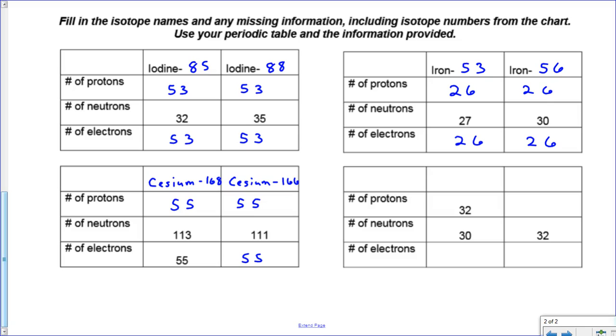This one here tells us we've got 32 protons, so that means both of them are going to be 32, and the electron's also 32. To find the mass, well, actually first, to find the element, we have to look up atomic number 32. That is germanium.